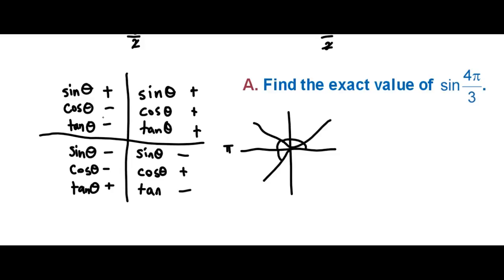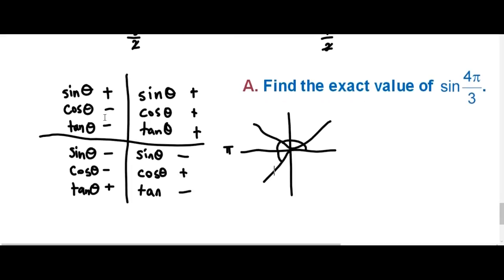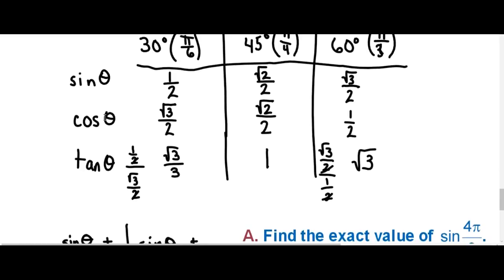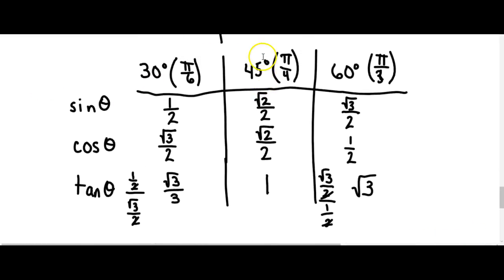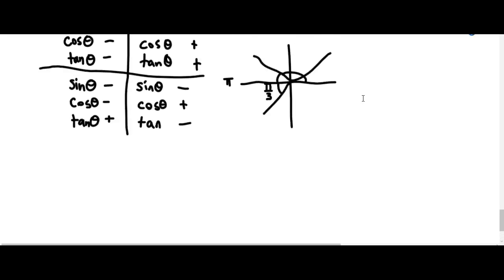So now we can use what we discussed earlier. If we get rid of this pi here, this reference angle is going to be pi over 3. If we have pi over 3, that's our 60 degrees. The sine is going to be square root of 3 over 2.